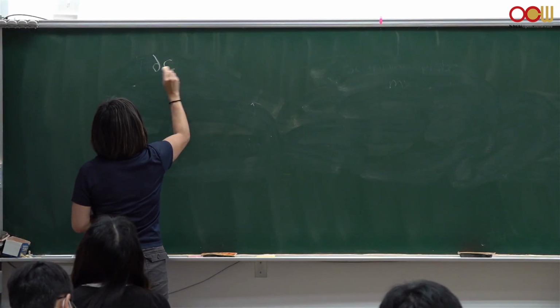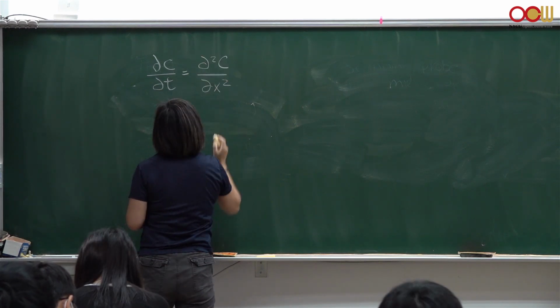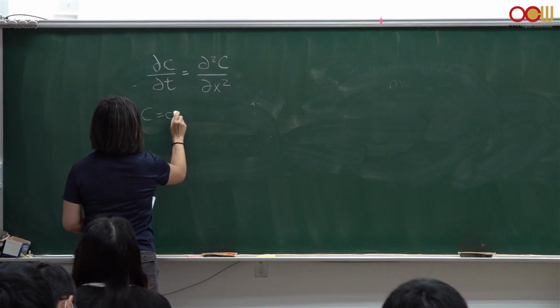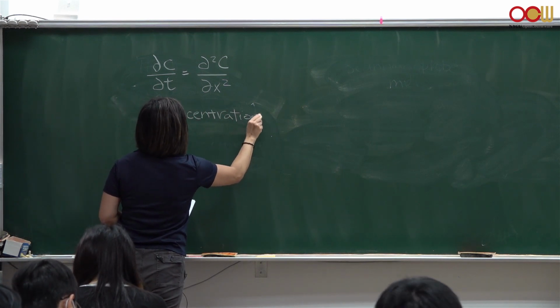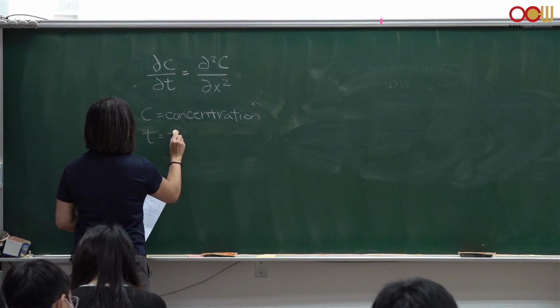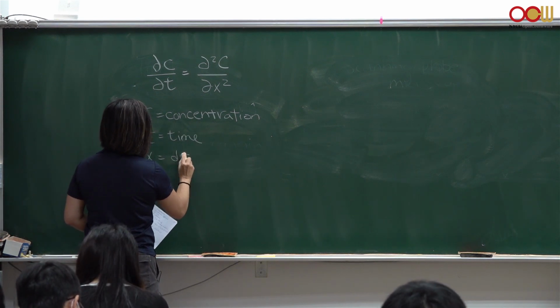So dC/dt. C equals concentration of whatever you're trying to move, to diffuse. T is time. x is distance of diffusion.